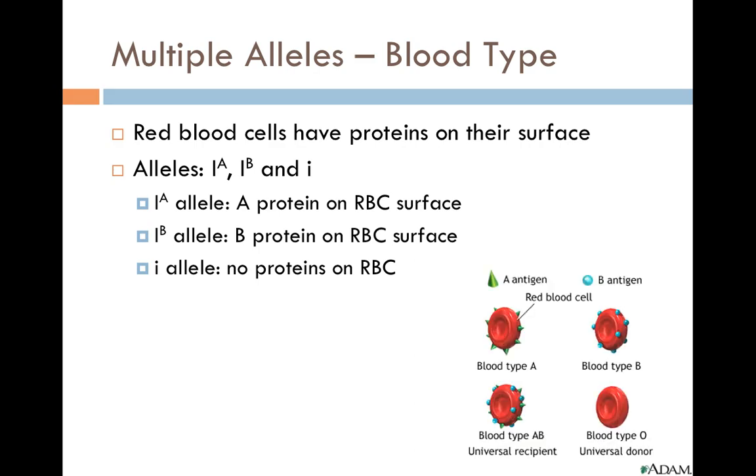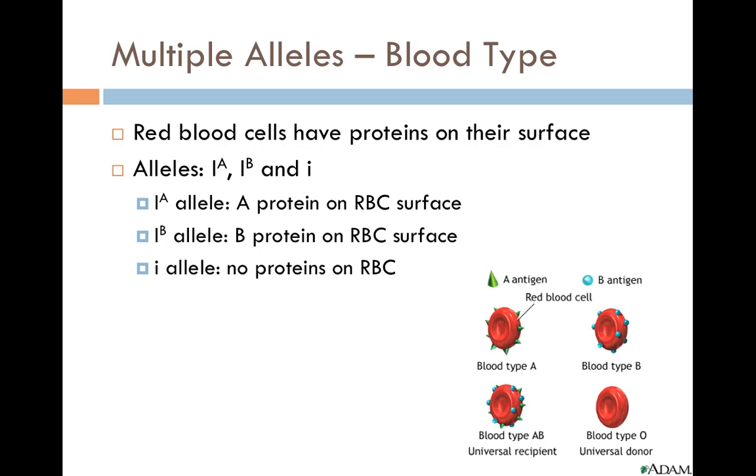And here's a picture for you. Don't worry about the word antigen for right now. Just look at the picture. So you have your 4 different kinds of red blood cells. In blood type A, which is what I am, my red blood cells would have the A protein, which in this case is represented by these little green pyramids or triangles. Blood type B, their protein is totally different. It's represented by these little blue dots.